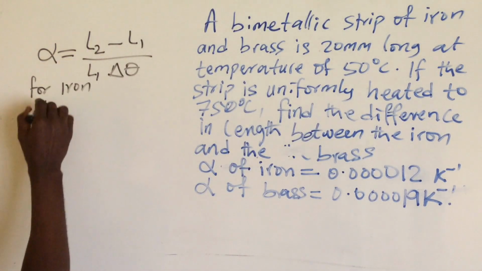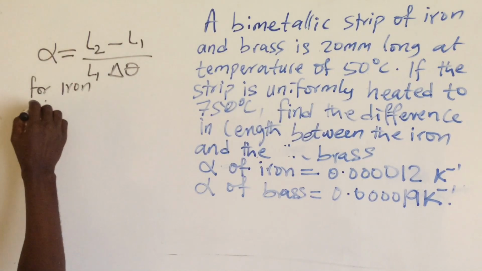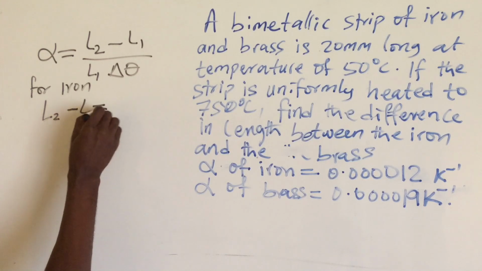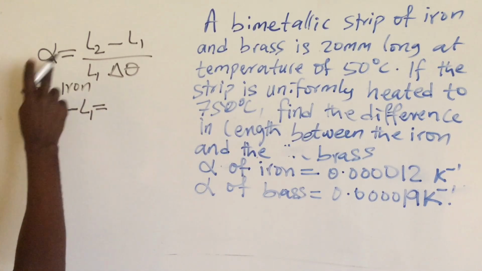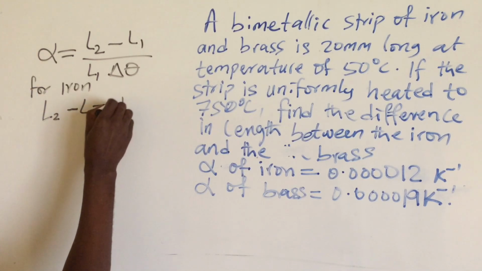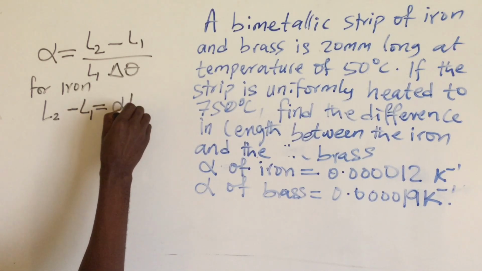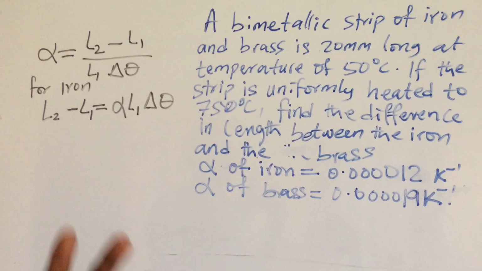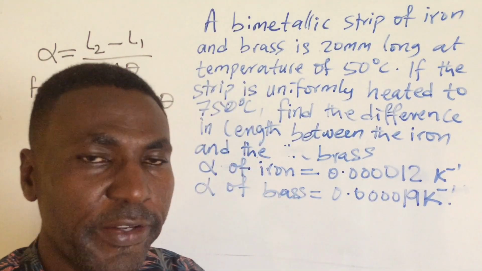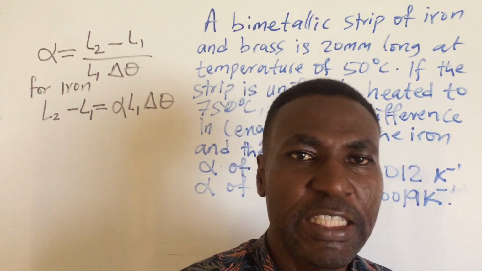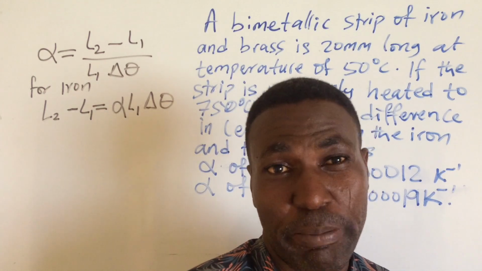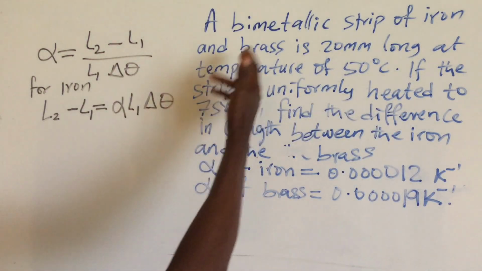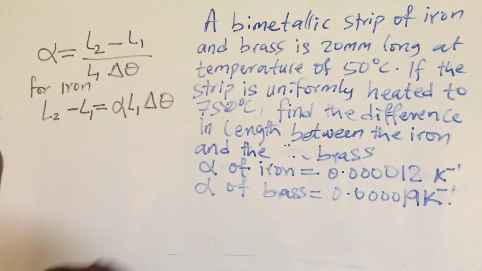Now, making it subject of formula, L2 minus L1 is equal to alpha times L1 times change in temperature, okay? You know, two of them are together. That is the bimetallic strip. I've explained that in my introduction. Please watch it, right? Now, the original length for the strip is 20, okay?